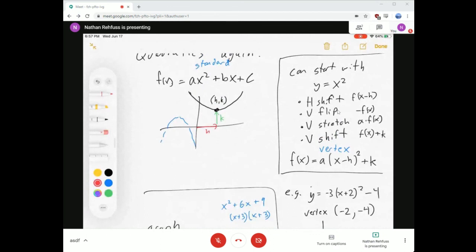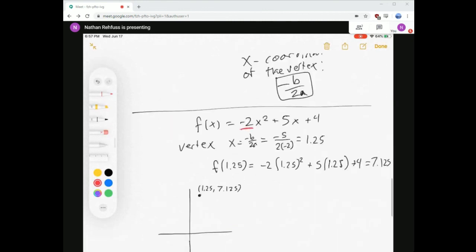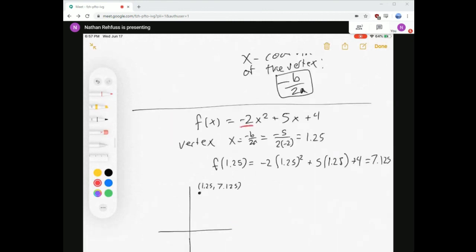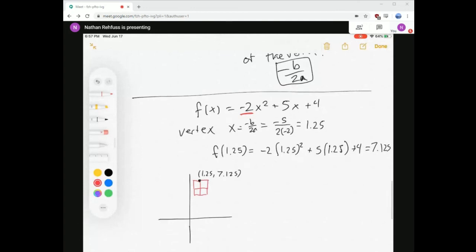A tells you whether you have a flip and how much you should stretch. So down here, a is negative 2. That's telling me I do have a flip because it's negative, and I'm going to stretch by a factor of 2. So when I go 1 to the left or right, I'm going to go 2 down because it's flipped and it's stretched by 2.